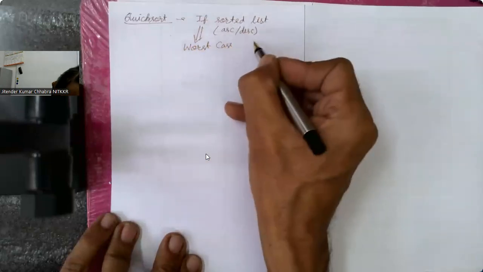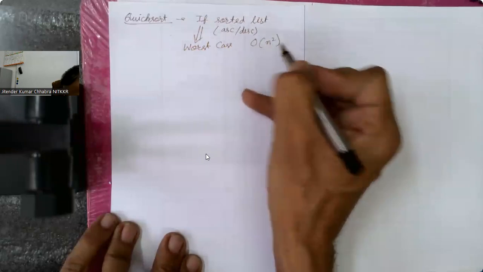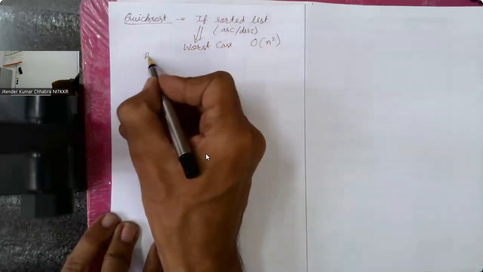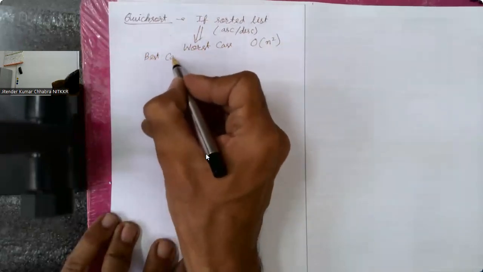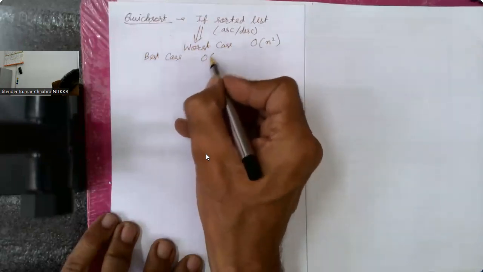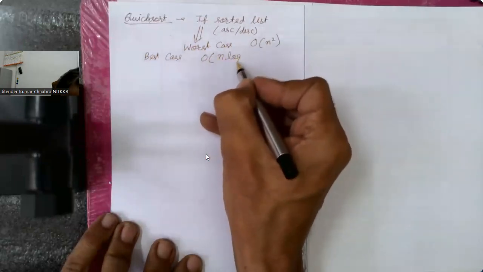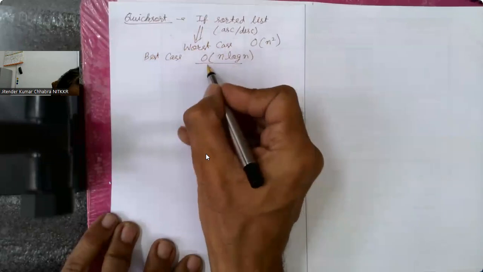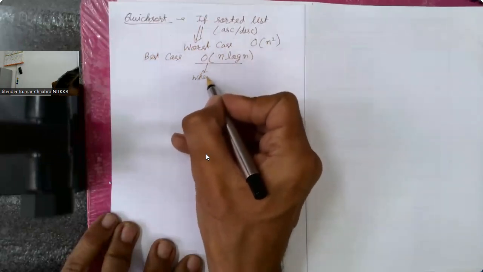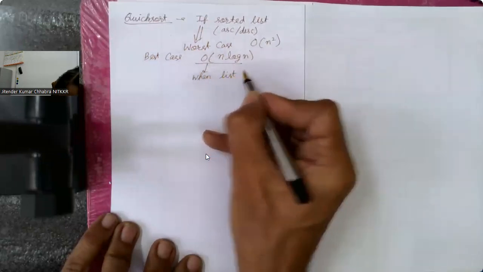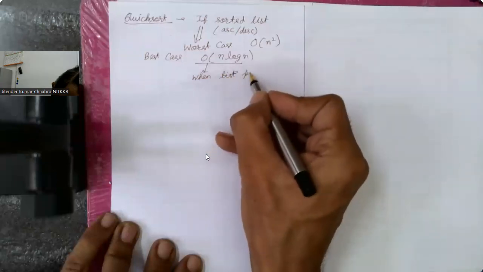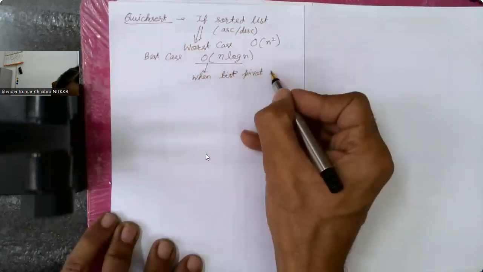And in this case, the time complexity comes out to be order of n square. On the other hand, best case time complexity in quicksort will be order of n log n. And best case happens when the list gets divided or when pivot reaches the middle always.